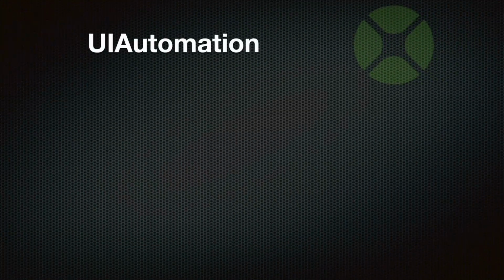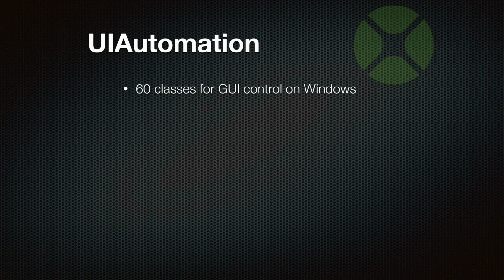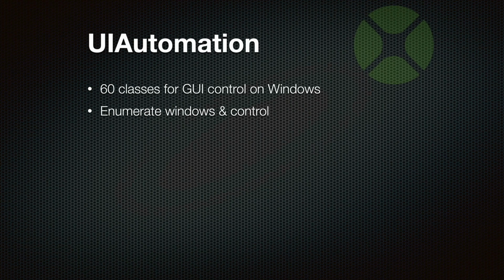Then we have UI automation. That's a set of new classes I'm adding for the next version of the plugin. 60 new classes to control the user interface on Windows automatically. You can list all the open windows on the machine, inspect each window for the controls inside the window. You can read things from the controls.